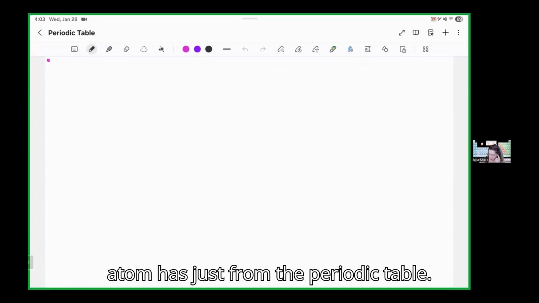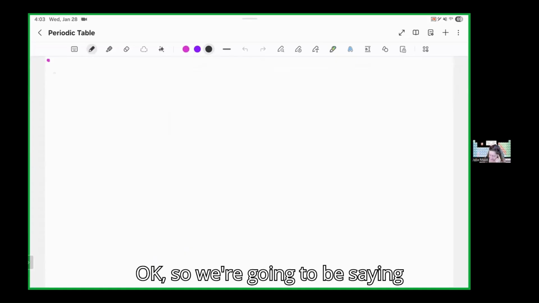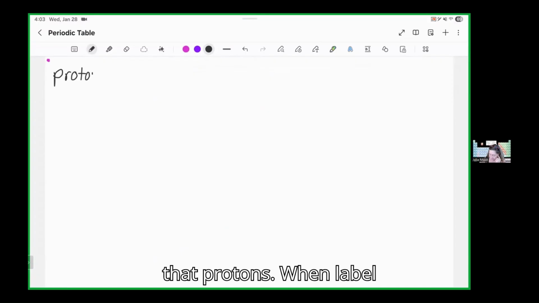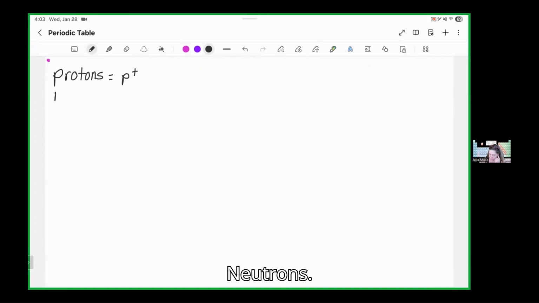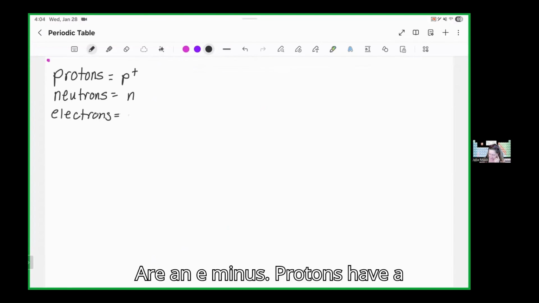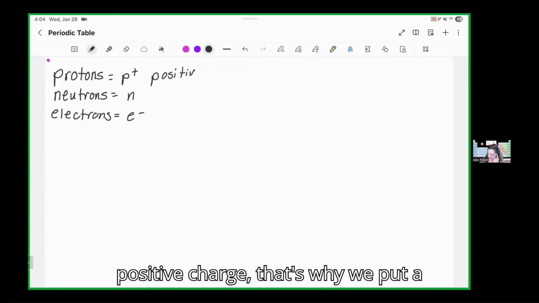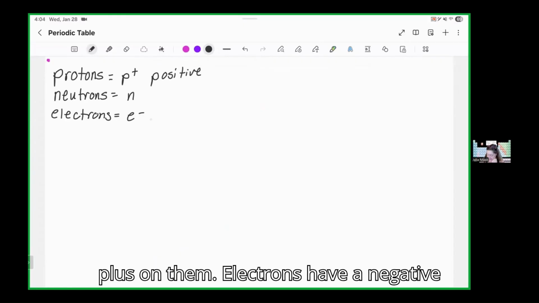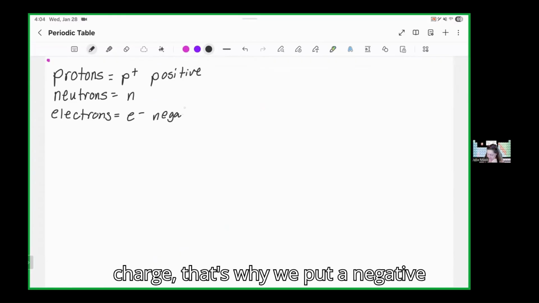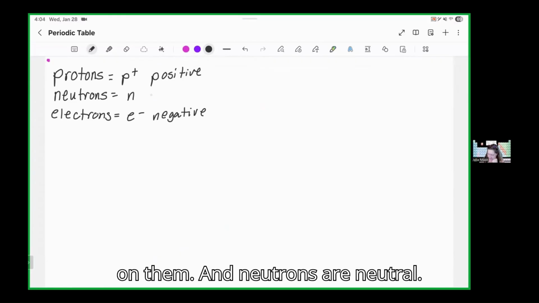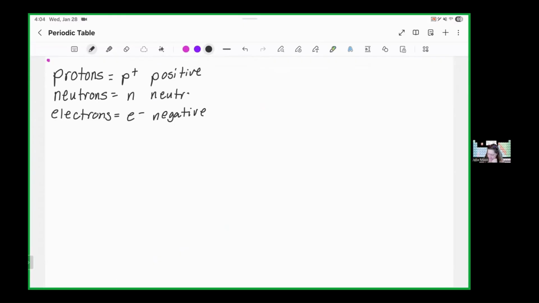We're going to label protons as P plus, neutrons are just an N, and electrons are an E minus. Protons have a positive charge, that's why we put a plus on them. Electrons have a negative charge, that's why we put a negative on them. And neutrons are neutral.